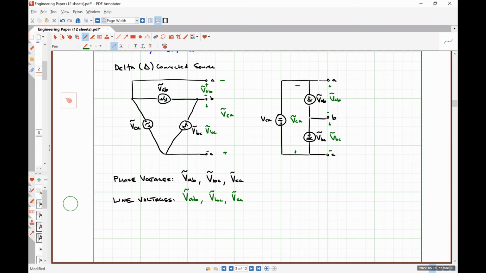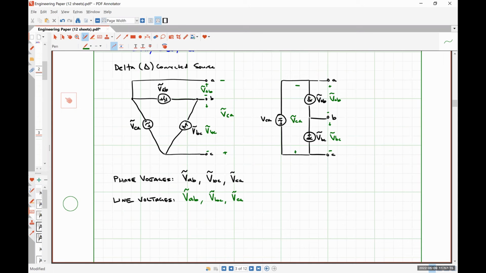So this is where things get a little wonkier, a little more difficult, right? For a Y-connected source, our phase voltages and our line voltages represent different quantities. For a delta connected source, our phase voltages and line voltages represent the same quantity. Okay?